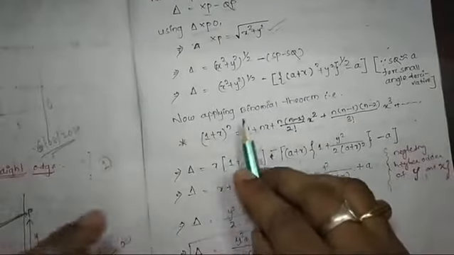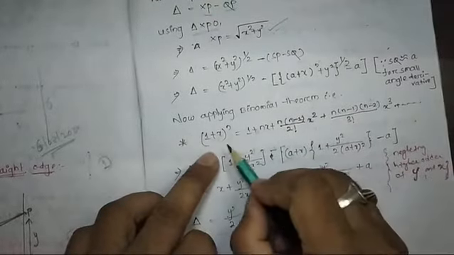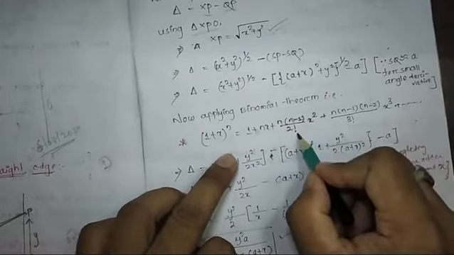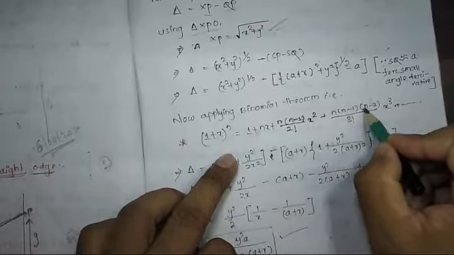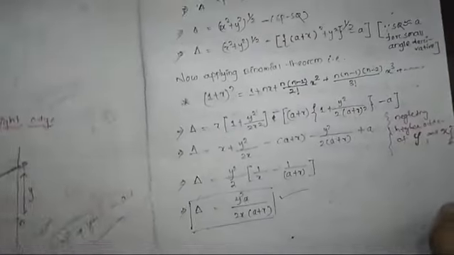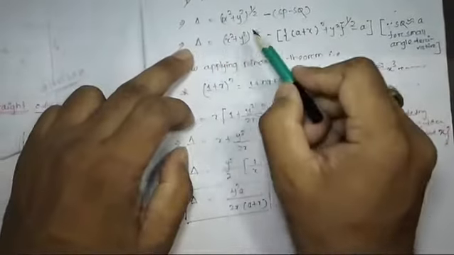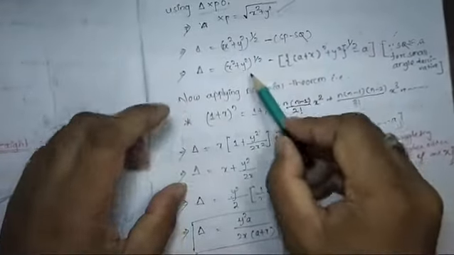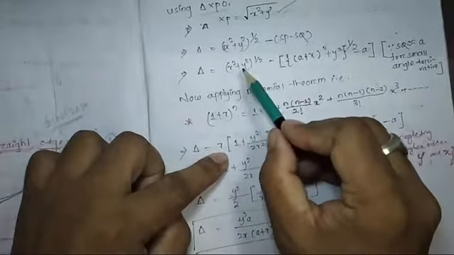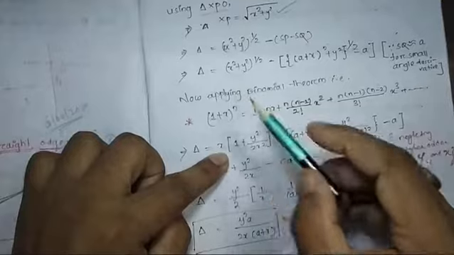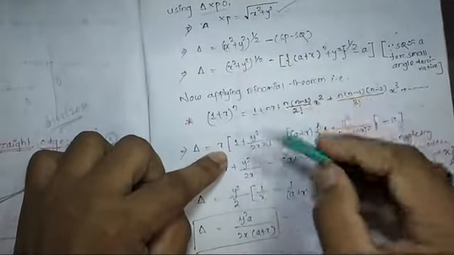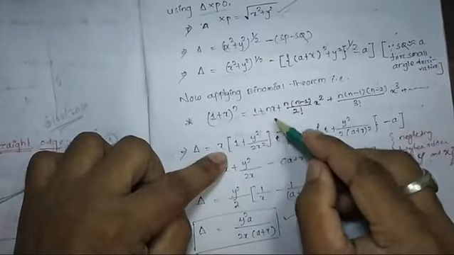Now applying the binomial theorem. We know that (1 plus x) to the power n is equal to 1 plus nx plus n(n minus 1) by 2 factorial x squared plus n(n minus 1)(n minus 2) by 3 factorial x cubed plus, and so on. For this equation we have to consider the binomial expansion. Taking x outside, the path difference will be x times (1 plus y squared by x squared) to the power 1 by 2.